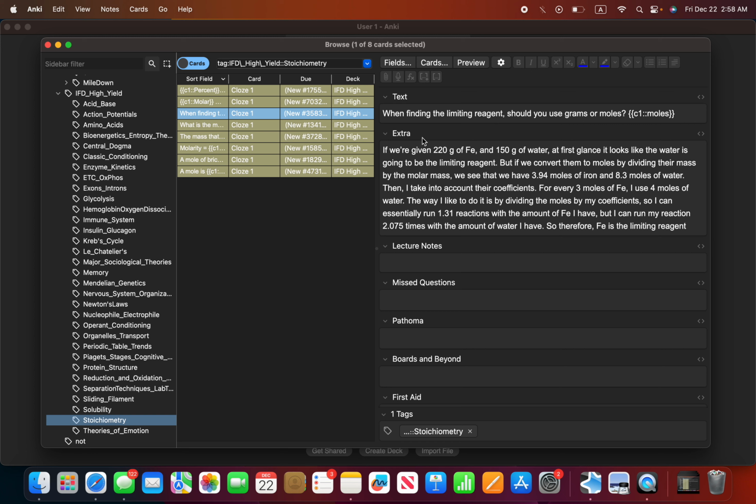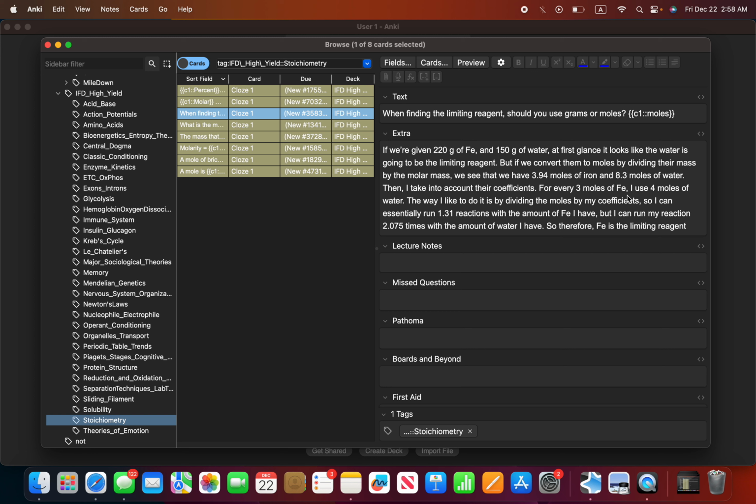So if we're given 220 grams of ferritin and 150 grams of water, at first glance it looks like the water is going to be the limiting agent because it's less, right? But if we convert them to moles by dividing their mass by the molar mass, we see that we have 3.94 moles of iron and 8.3 moles of water. Then I take into account their coefficients.